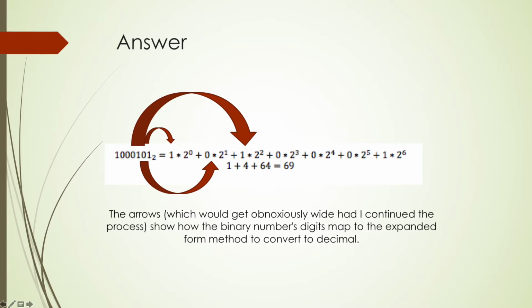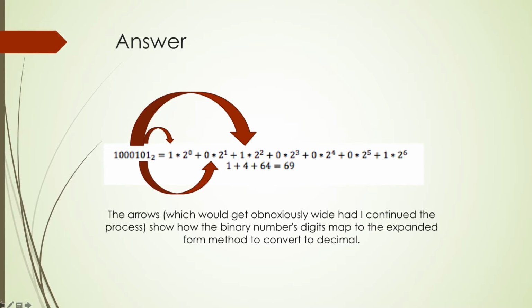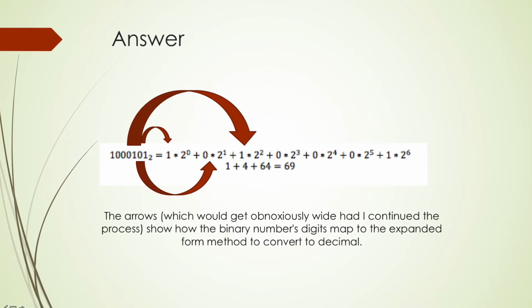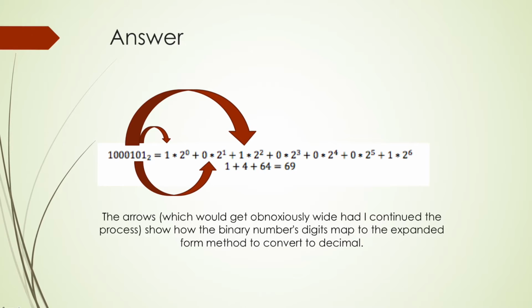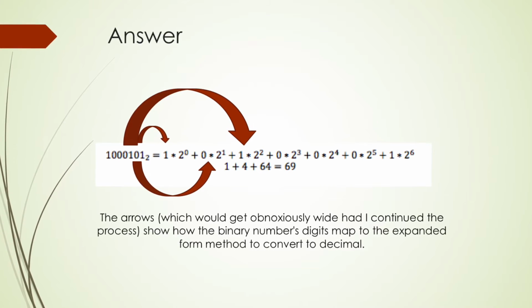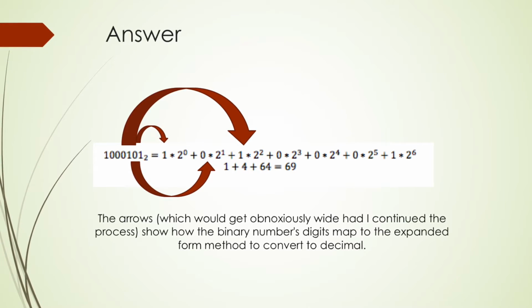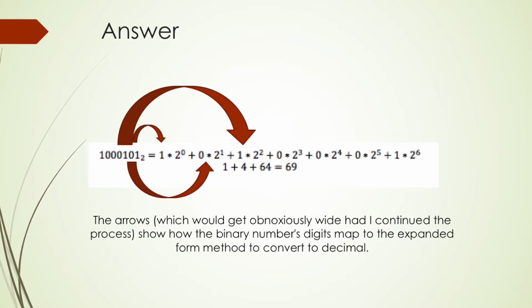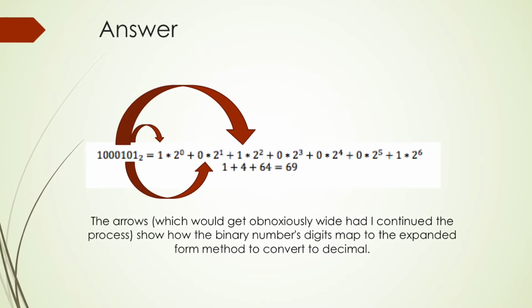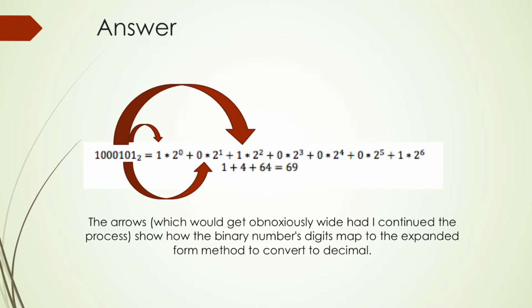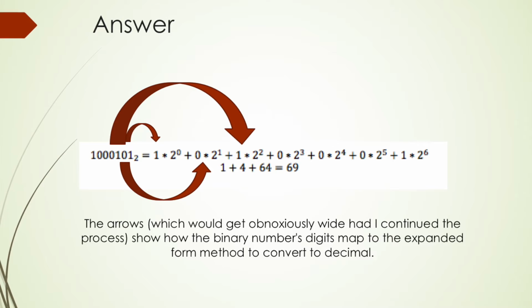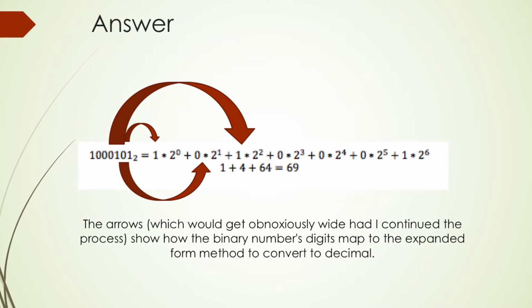So using the method from the previous slide, you get 69. Just to make sure, it starts from 2 to the 0 and goes up to 2 to the 6. That means there's 7 digits, or there's supposed to be. And yes, there are 7 digits, and the base looks correct, and hopefully the math is right. Okay, next slide.